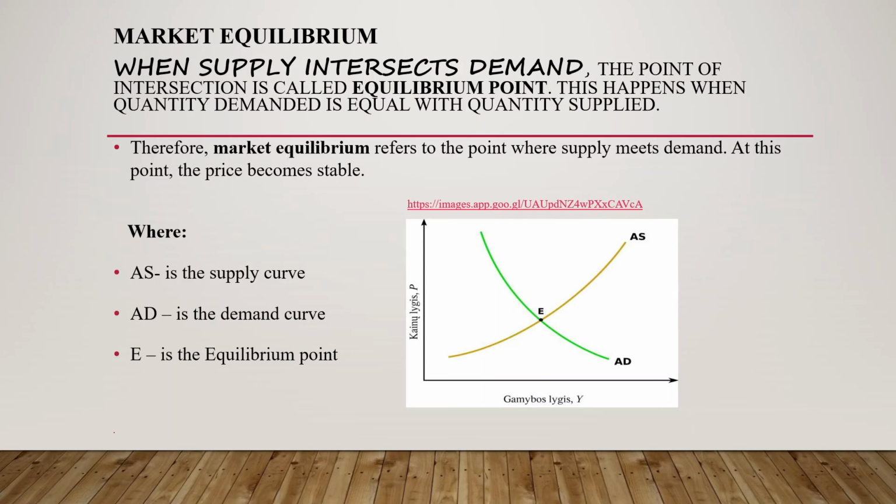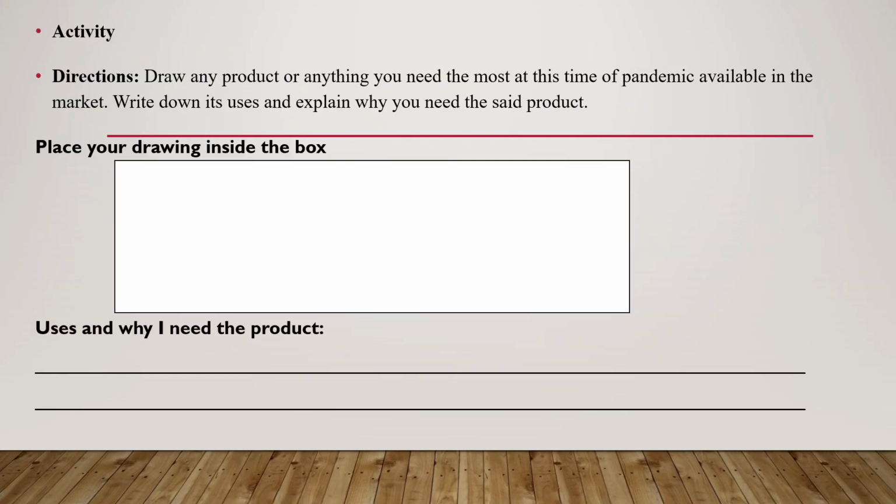We have the demand curve, represented by AD, and the equilibrium point, represented by E. We will notice that the point of intersection between supply and demand is tagged as E, that is the equilibrium point. Again, when there is market equilibrium, the price is stable.